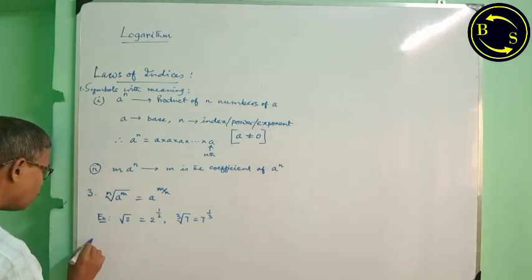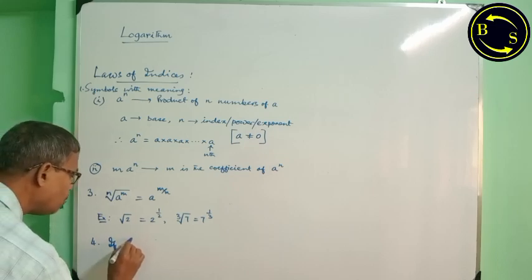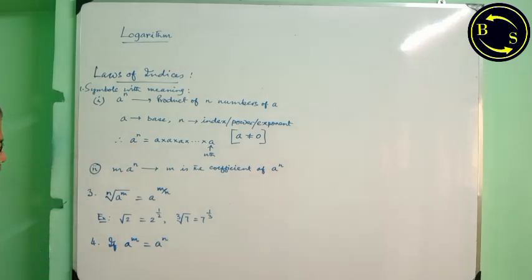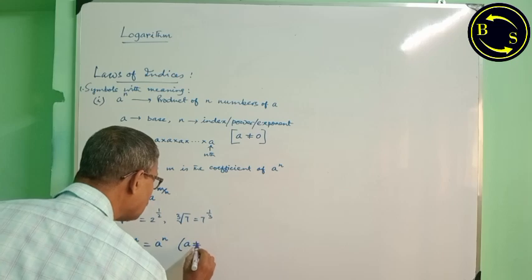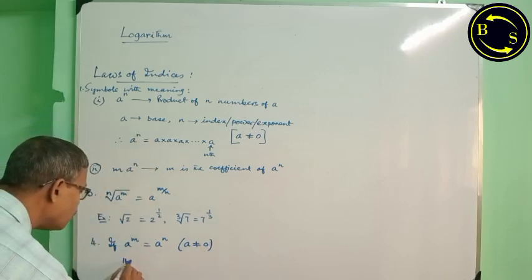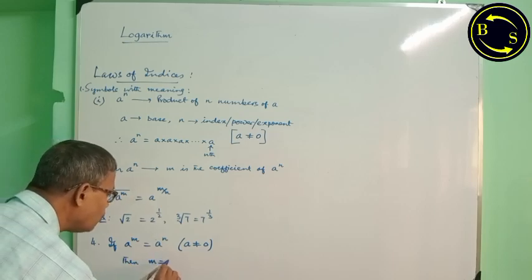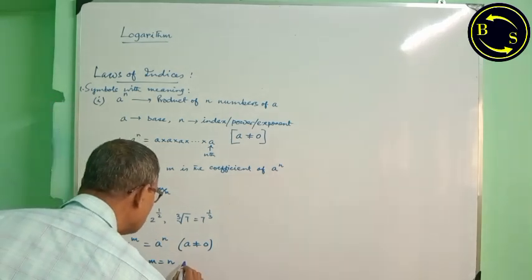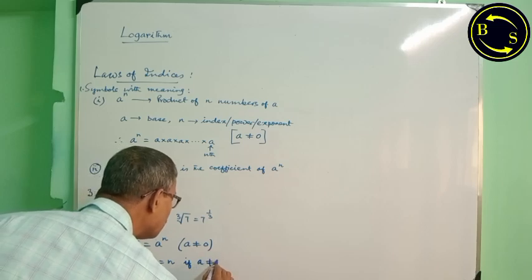Next, number 4, if a^m is equal to a^n, where a is not equal to 0, then m equal to n if a is not 1.